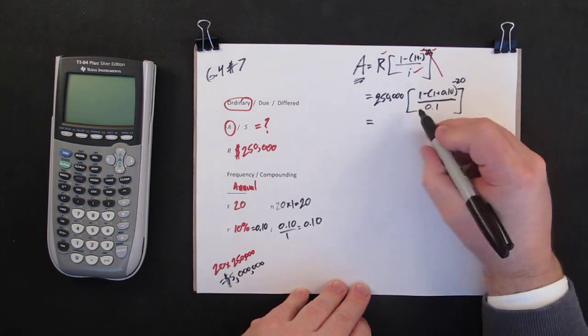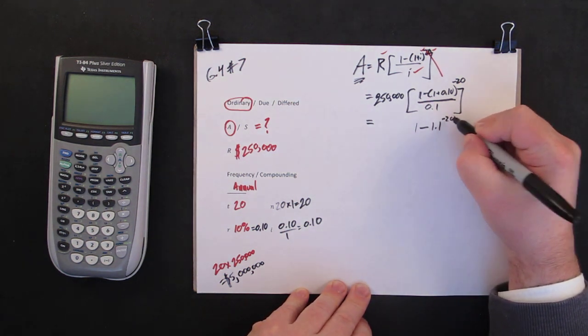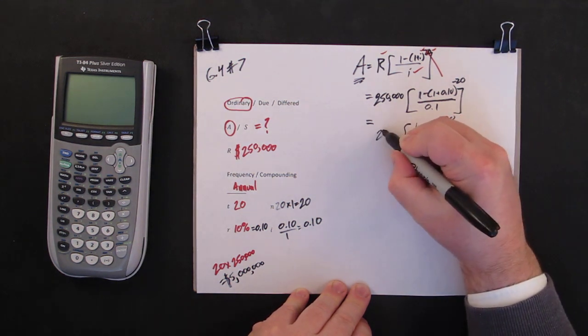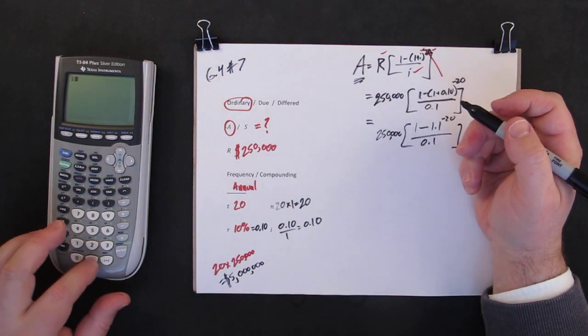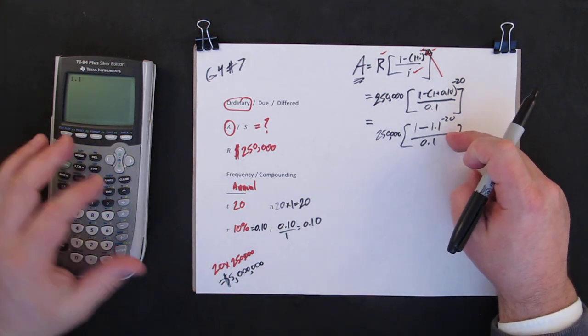Okay, so 1.1 minus 1.1 to the negative 20 over our period interest rate. Payments. So because this is a negative power, this result is going to get smaller.